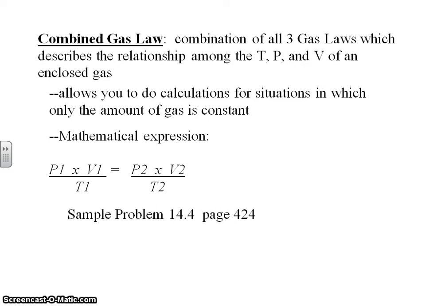This will allow you to do calculations for situations in which only the amount of gas is constant. Our mathematical expression, or our formula, is P1 times V1 over T1 is equal to P2 times V2 over T2.